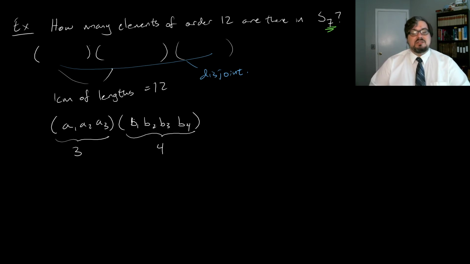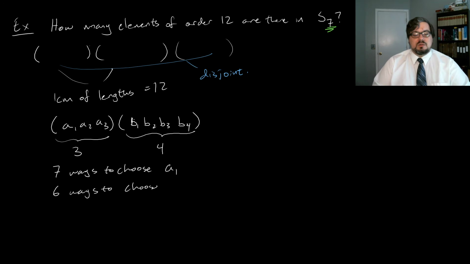At this point we can start looking at how many ways we have to choose the A1, A2, A3, etc. So we can say there are going to be 7 ways to choose A1, because there are 7 elements in our set, 6 ways to choose A2, 5 ways to choose A3.